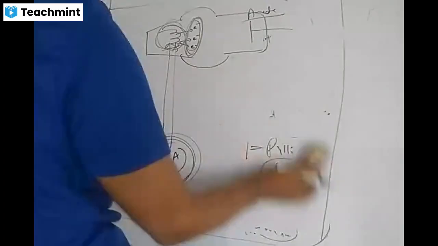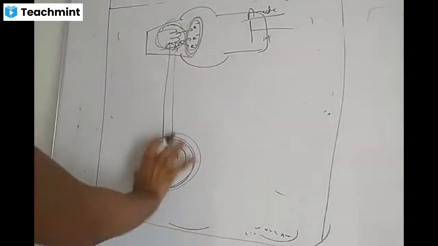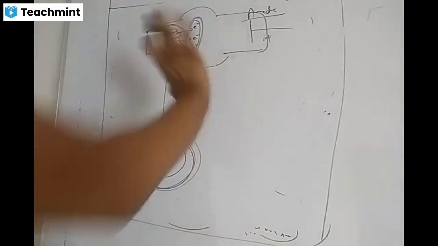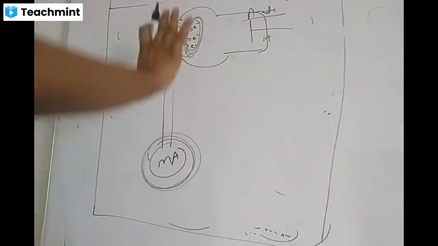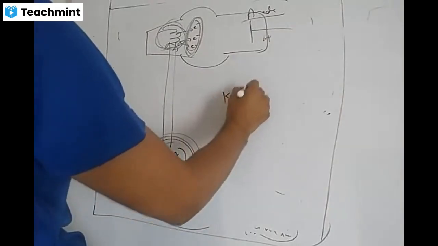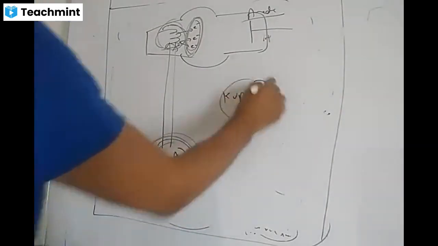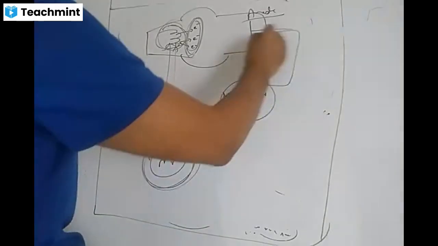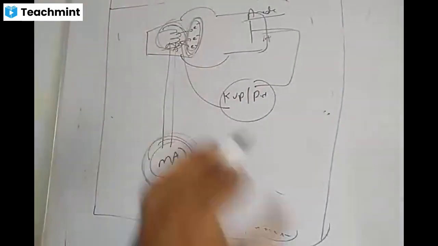If you give only mA, the tube will produce only electrons, and things stop at this point. Then what we need to give is kVp, or potential difference, between the anode and the cathode.